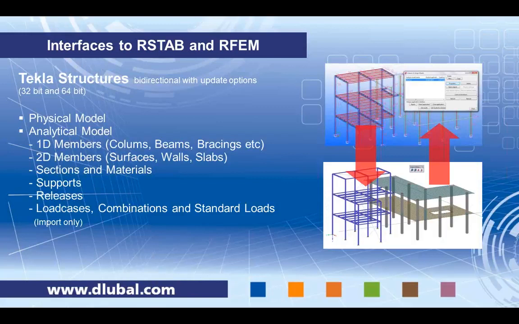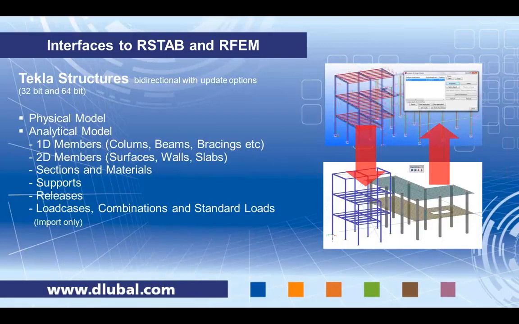In general, there are some problems when you work with a physical model in a structural analysis program, because, for example, a beam might be cut off at the edge of a column, and therefore there is a gap between the center line of the column and the end of the beam.